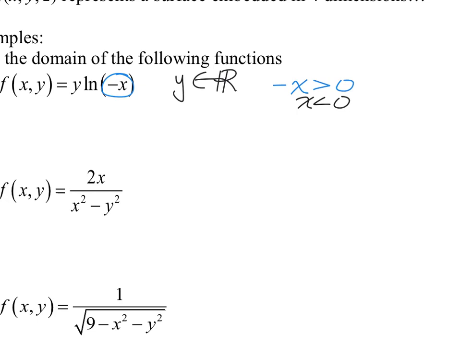These are just little notes that I'm writing because we do need to formally compile all this into one specific domain. So how do we write the domain in 3 space?